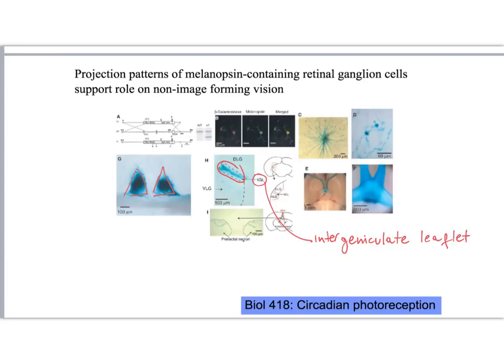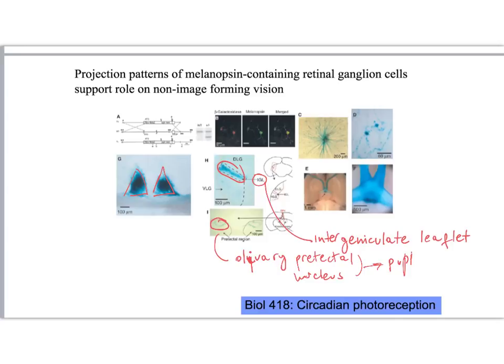And they also target the olivary pretectal nucleus. Sorry, I think it's olivary with an i, like an olive. So the olivary pretectal nucleus is responsible for pupillary reflex.